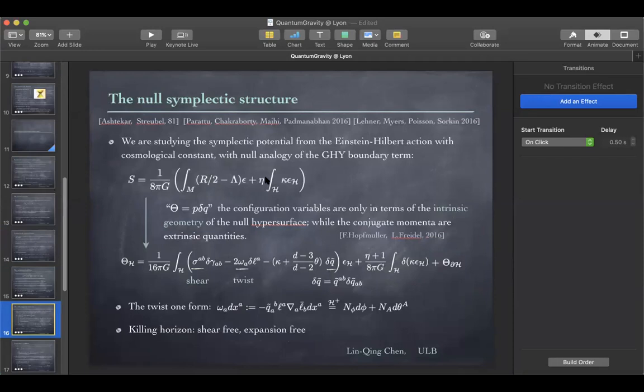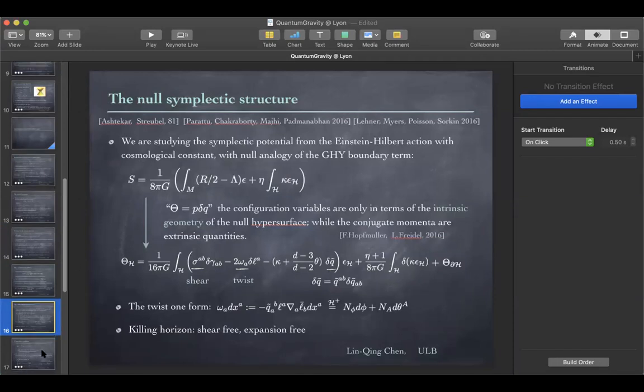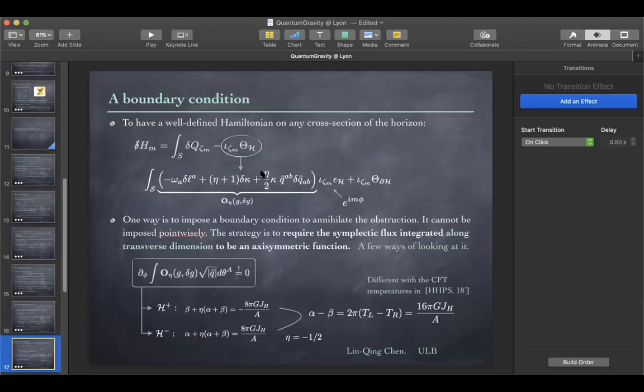This is just a number, saying how much of the boundary term I'm adding to the action. Usually this should be determined by a well-defined variational principle of what the boundary term should be. Later we will see that this value of eta actually plays an important role, and it is still quite mysterious for us.